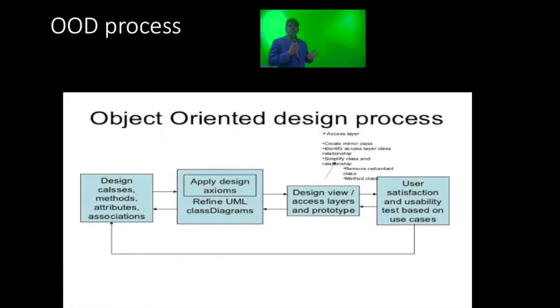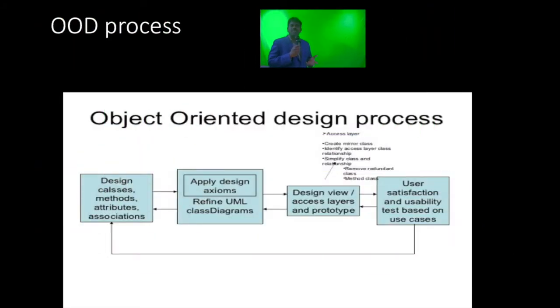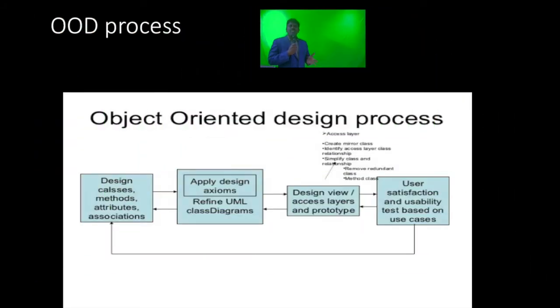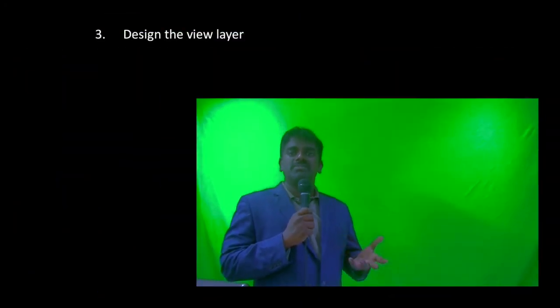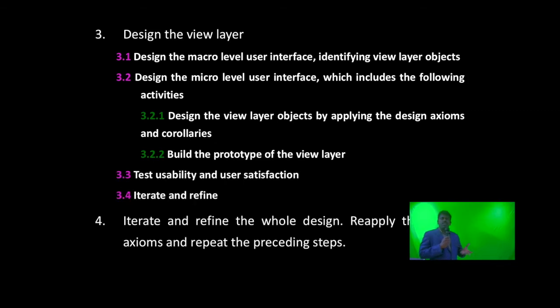In it we see macro and micro development of the view layer user interface, and what the access layer is, how the user deals with the access layer and the business layer, and how we are going to design it. And we are going to create the prototype, that means the working model, the model of the complete process.